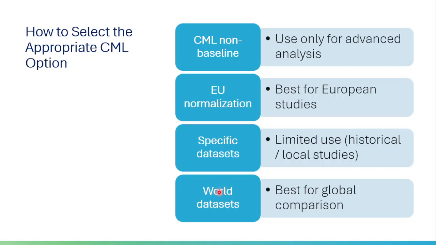For international and comparative studies, world normalization such as World 2000 is more appropriate. In most cases, a combination of the CML baseline with appropriate normalization provides the most reliable and interpretable results.